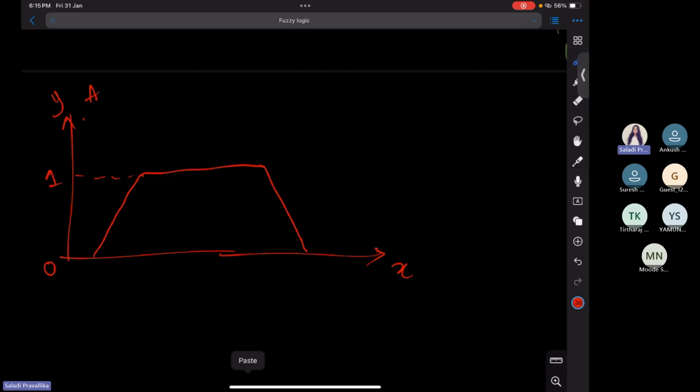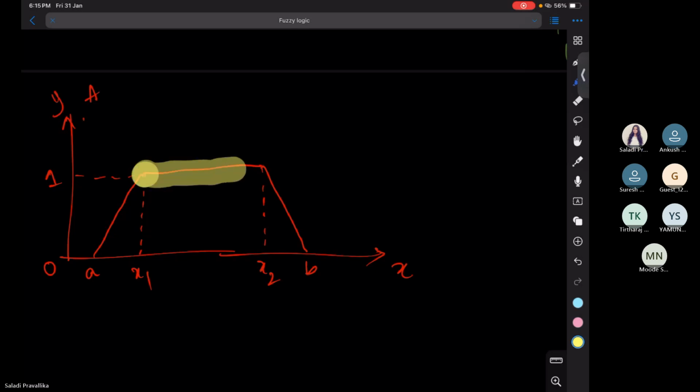Let us call this A and this B, and this point x1 and this point x2. All the x values when the membership function is equal to 1, that is all of these values here, is called the core of A.